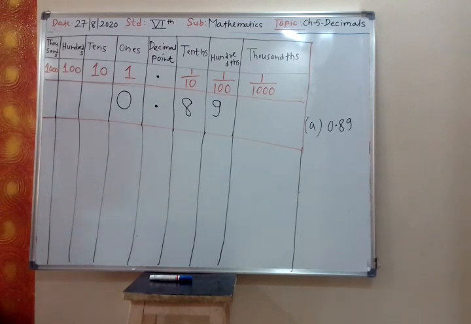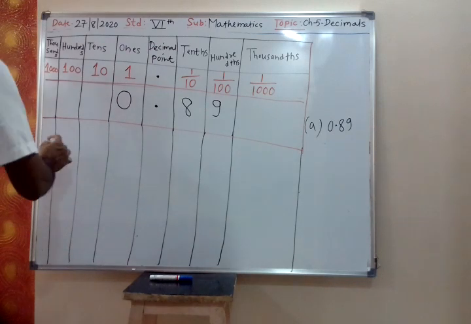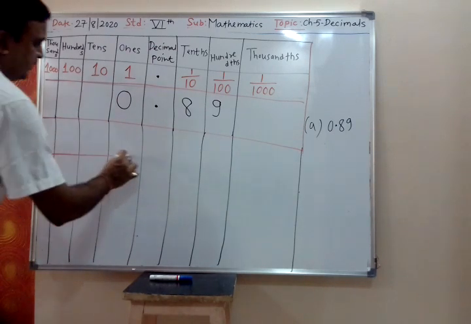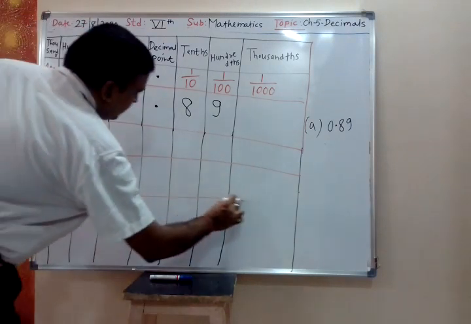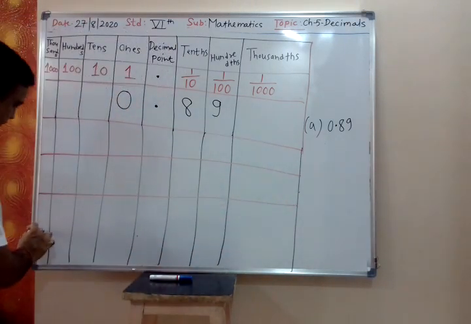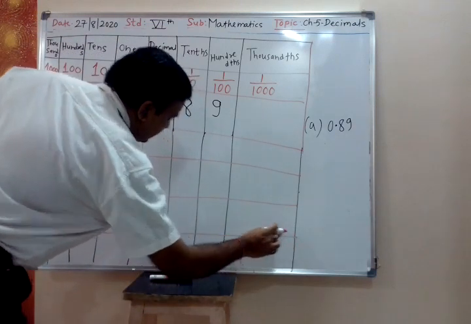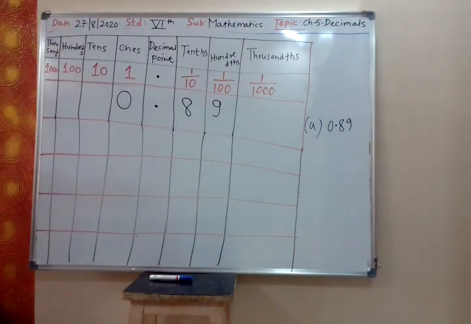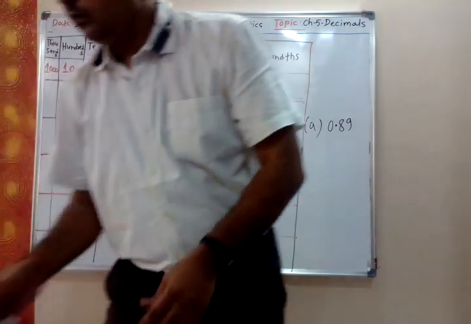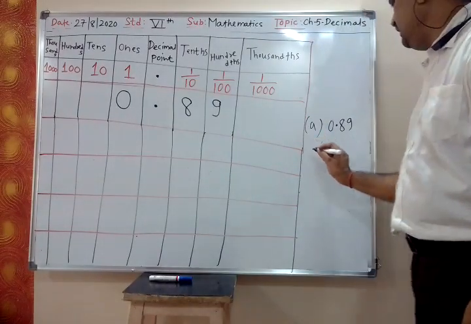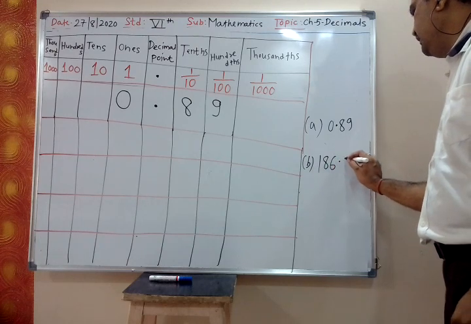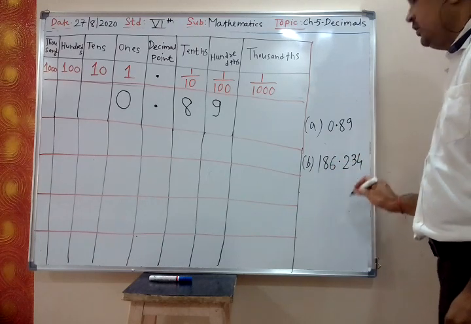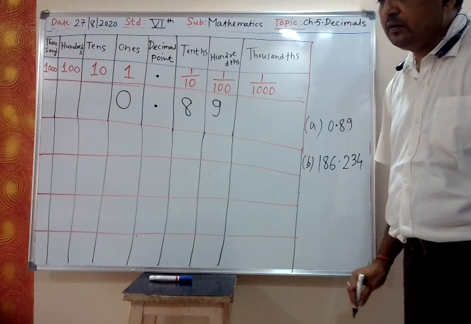Now I will write all the problems. Total how many are there? 1, 2, 3, 4, 5. Now this is my second, this is my third, and this is my fourth and fifth. Now B is 186.234.